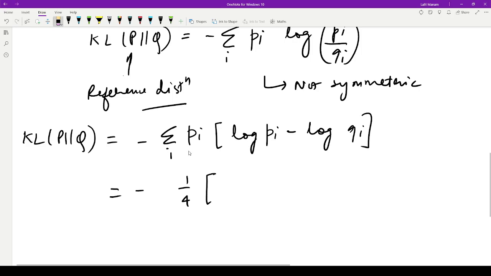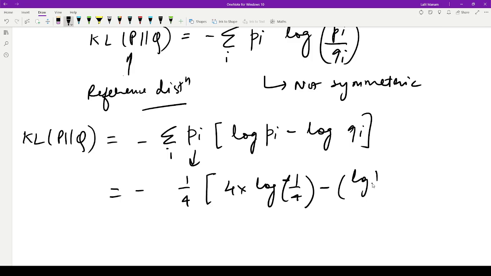I have taken pi out. This is 1 by 4, and this is 4 times log of 1 by 4, minus summation over log qi, which is log half.